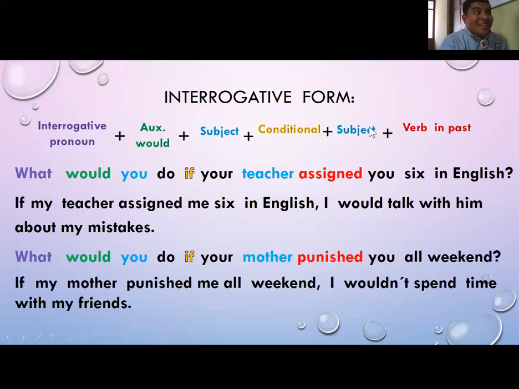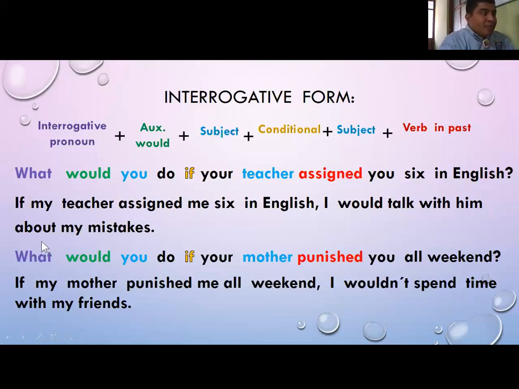Okay, here I have some examples, and I use the structure that I have on the top, right? What would you do if your teacher assigned you 6 in English? This is bad. This is not good at all, right? If my teacher assigned me 6 in English, I would talk with him about my mistakes.